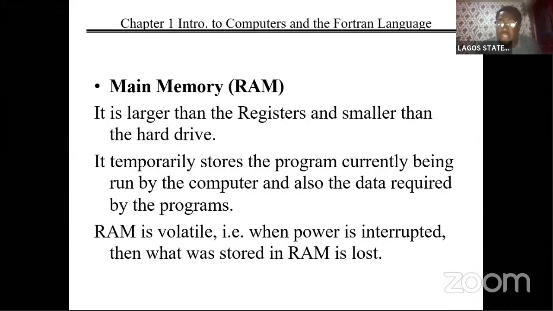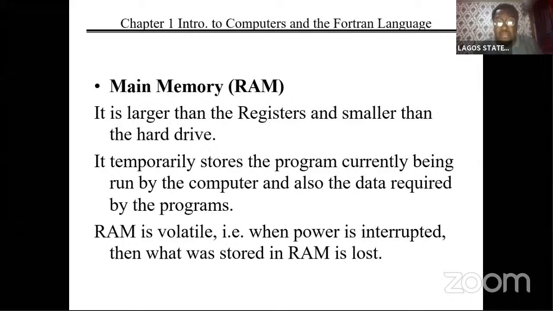That's why I told you in the earlier slide that you can store your program and your data temporarily in the register. So this is a memory framework that is a bit bigger than the register, but smaller than the hard disk. It is volatile.